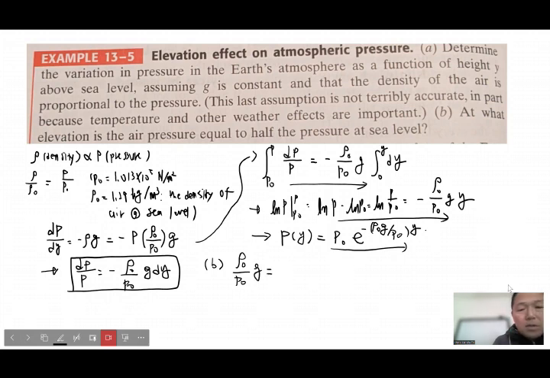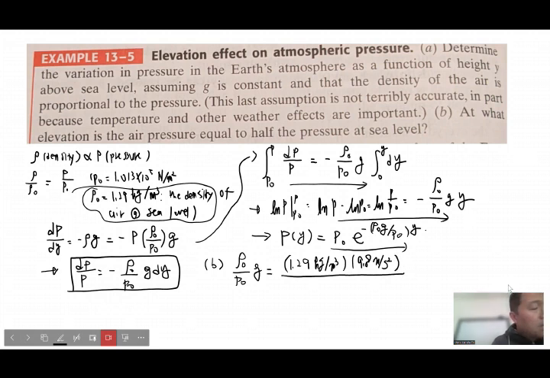Rho naught is 1.29 kilograms per cubic meter, g is 9.8 meters per square second, and P naught is 1.013 times 10 to the 5 newtons per square meter.